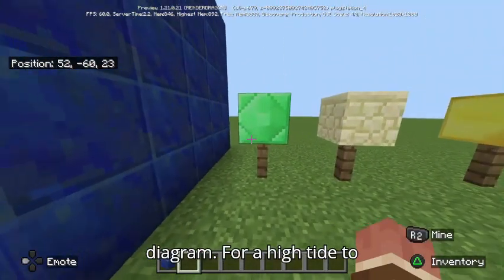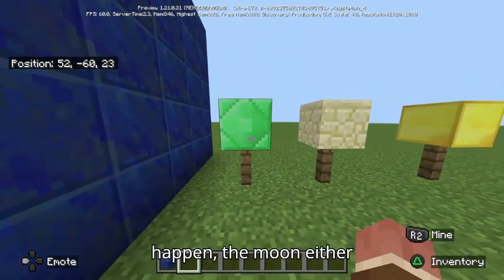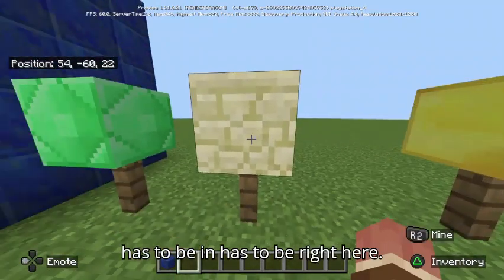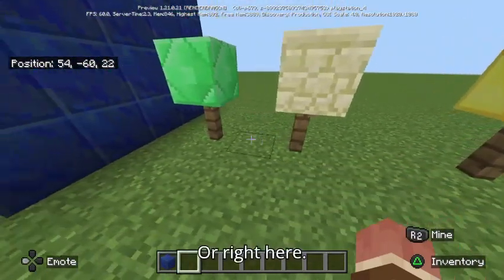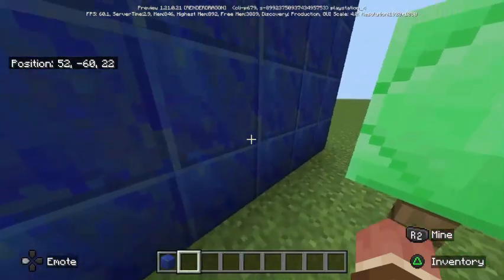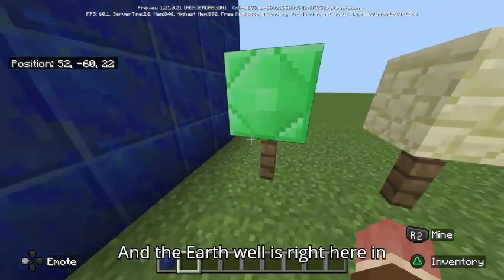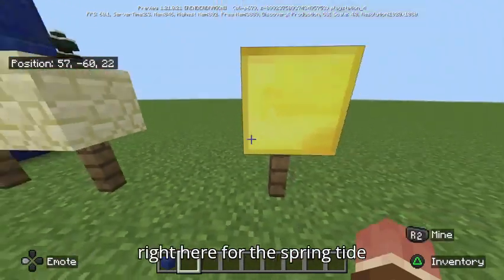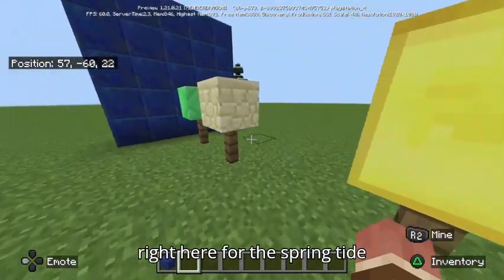Now to the diagram. For a high tide to happen, the moon either has to be right here or right here. And the earth is right here in between the moon, and the sun is right here for the spring tide.